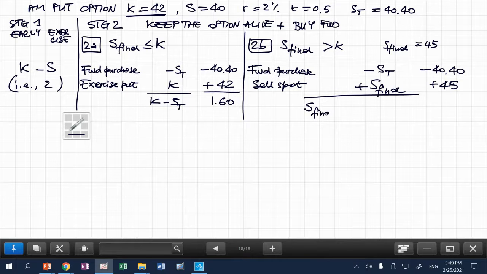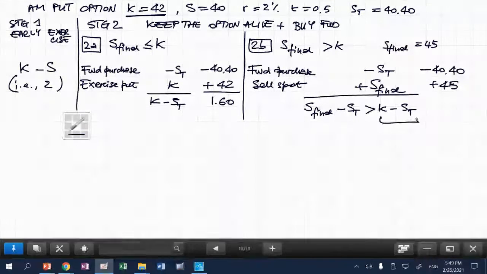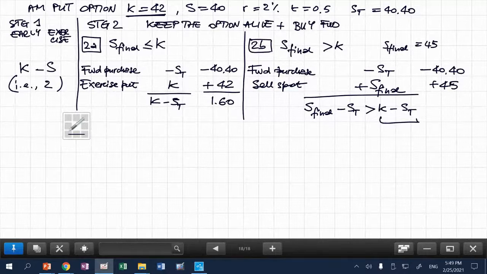From a formula standpoint, I would get S final minus ST, which is larger than K minus ST. So K minus ST would be my minimum profit here to be considered, okay? From the point of view of the numbers, what I get is 4.60.